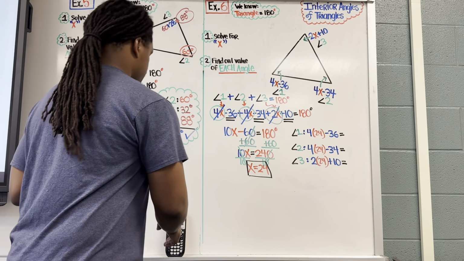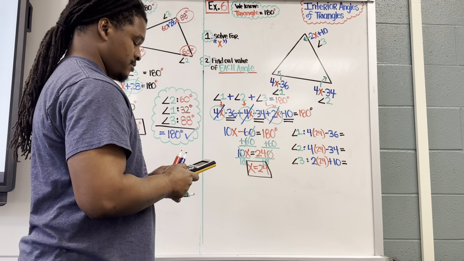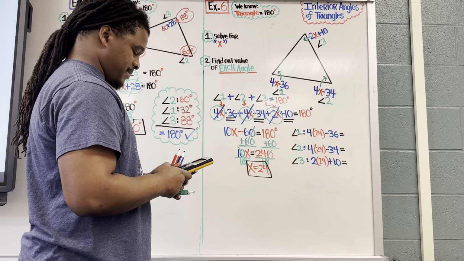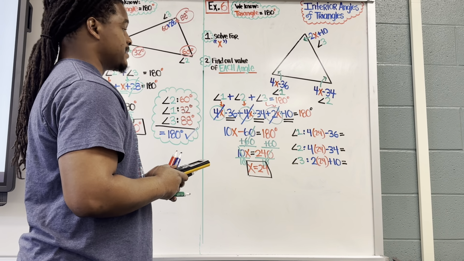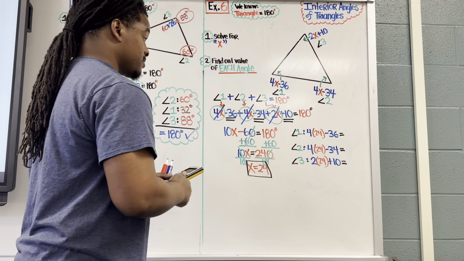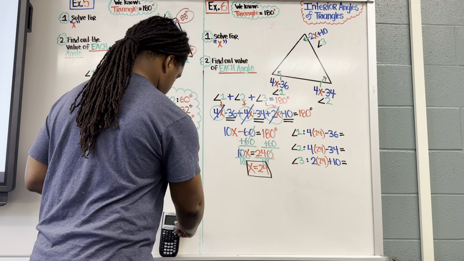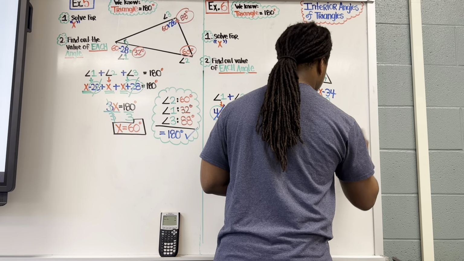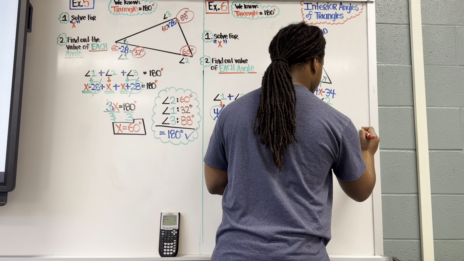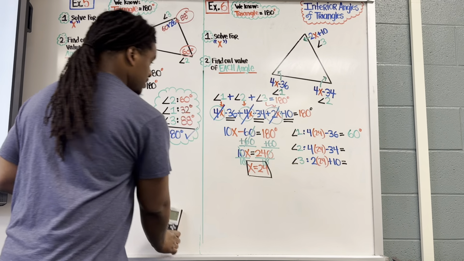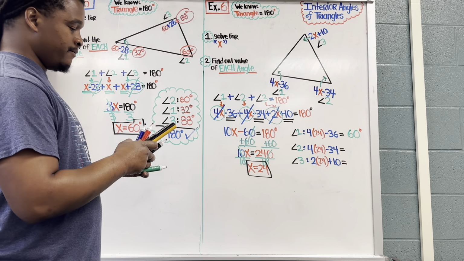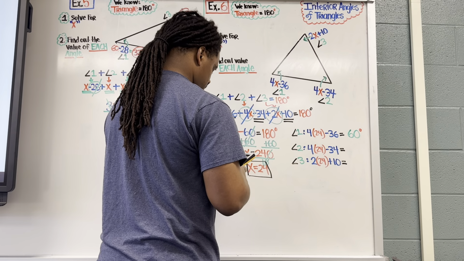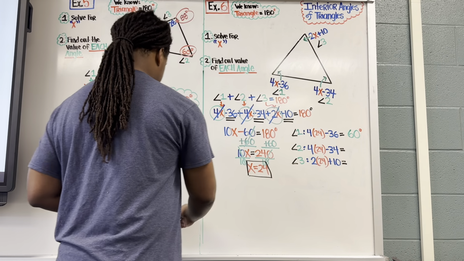Okay? So now, ladies and gentlemen, we're going to actually solve this. 24 times 4, I believe that is 96. Let me make sure. That is 96, and 96 minus 36 is 60. So angle 1 is 60 degrees. Same thing: instead of subtracting 36 from 96, I'm going to subtract 34 from 96, and that's 62.